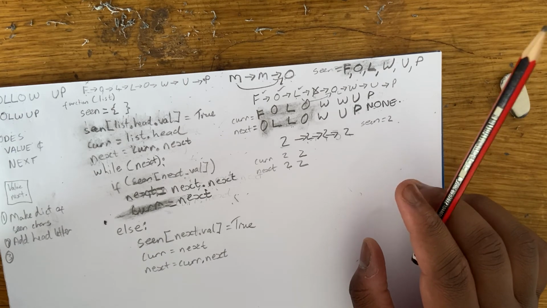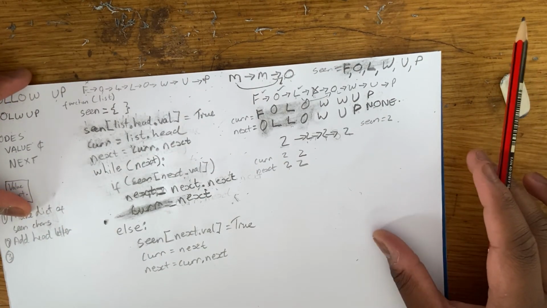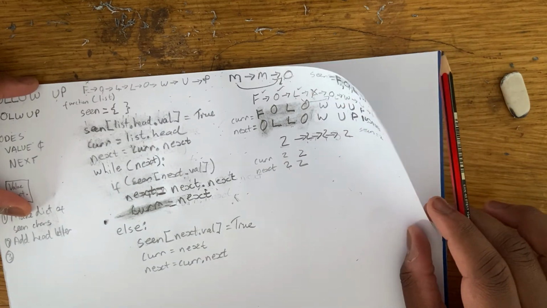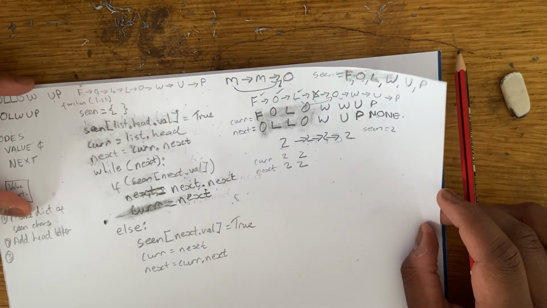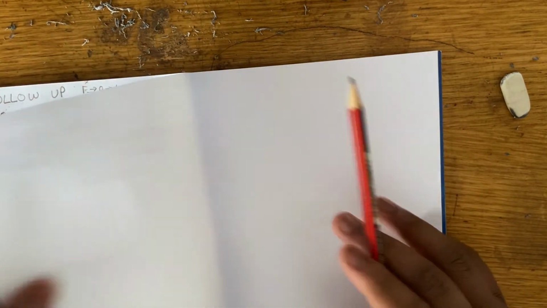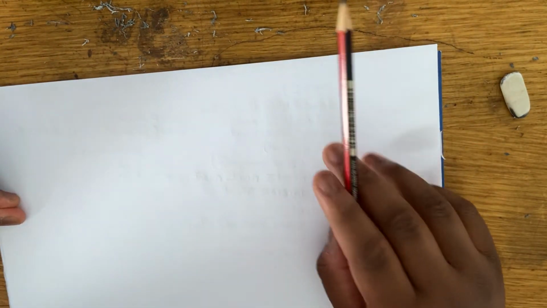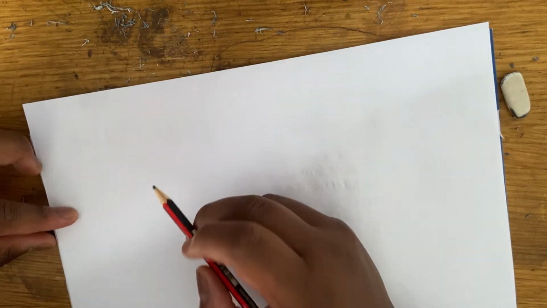Screw it. Yeah, I think I need to revise linked lists again. It's been a while. Or let's give this another attempt. So I'm going to flip this over. Oh, I didn't flip it over. Okay, so we're removing duplicates.